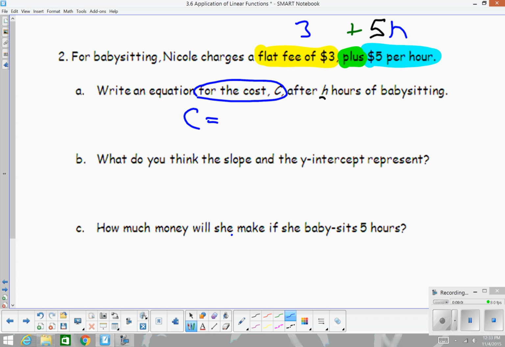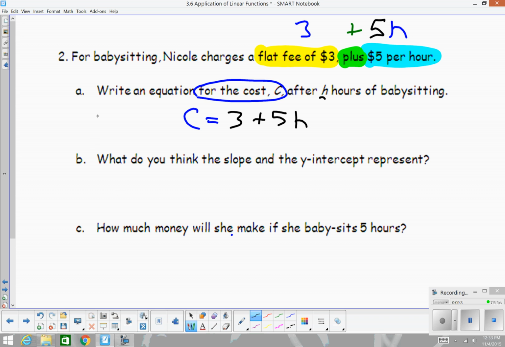That's going to be addition, so it's going to be accumulating. Now, once I have my algebraic expression, I'm just going to bring it down, and that's what C is going to equal. So it's going to equal 3 plus 5H. Awesome. So that's my equation.